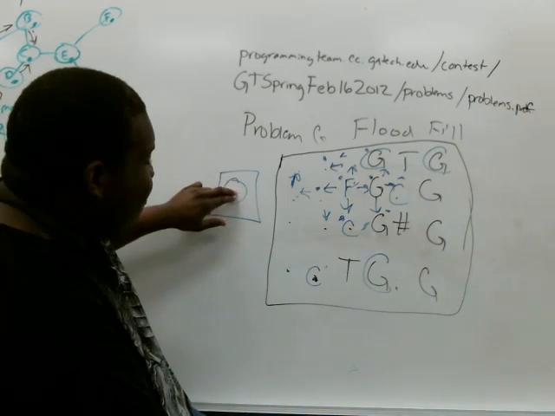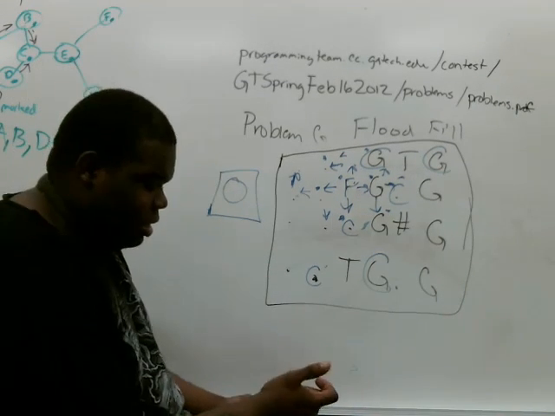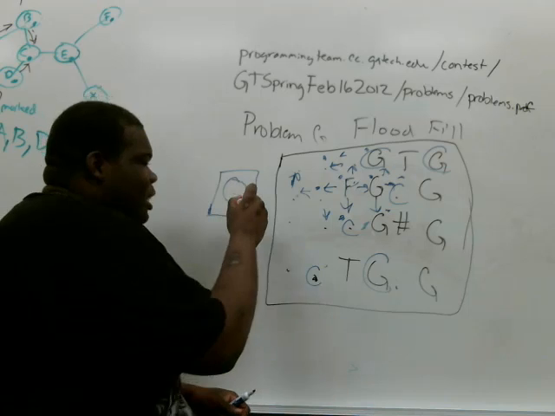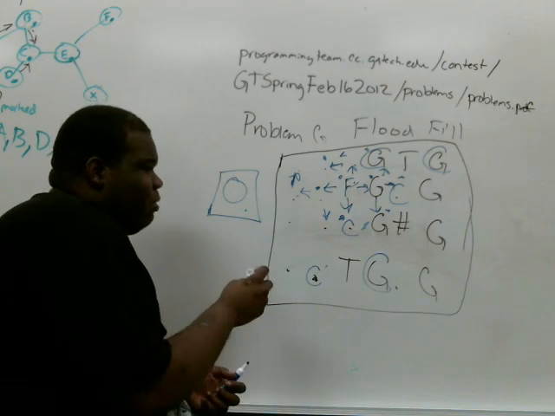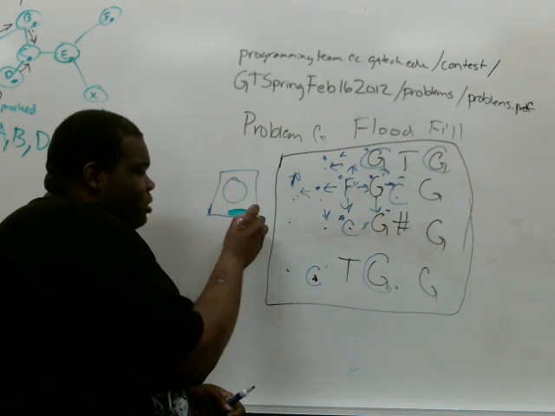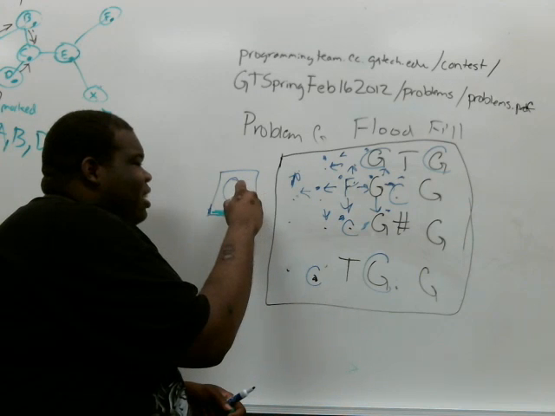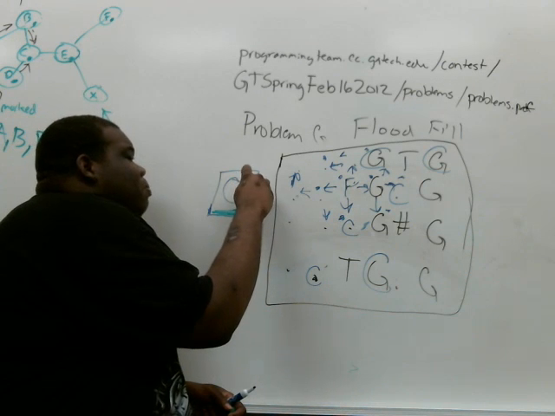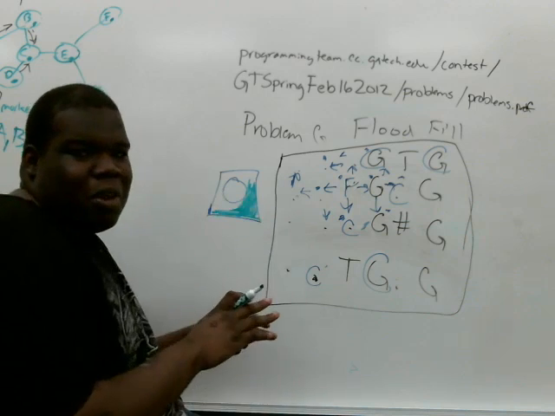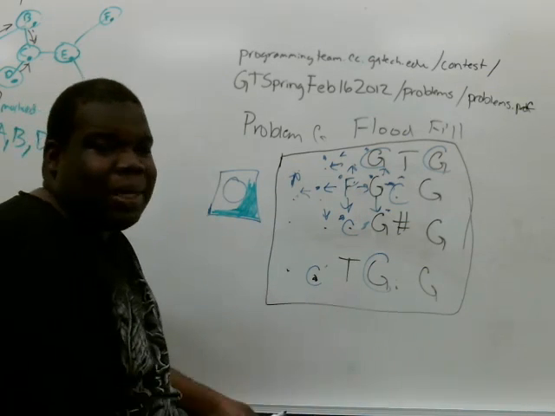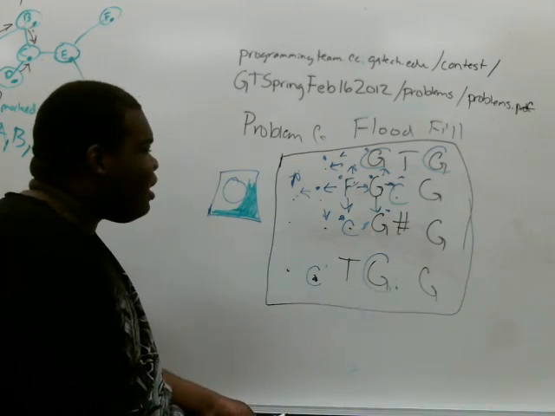Notice that this is all white. For flood fill, you just give it a position, and then you say flood fill. It goes everything 1 pixel away, everything 2 pixels away, everything 3 pixels away.